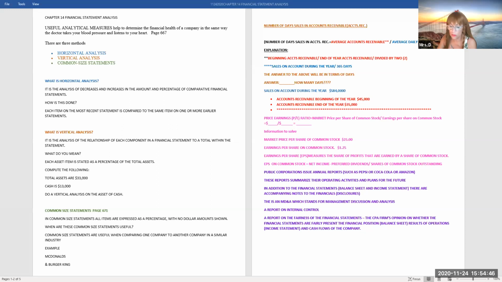I'm going to give you two items and I want you to calculate the PE ratio. So the market price is $25 and the earnings per share on common stock is $1.25.